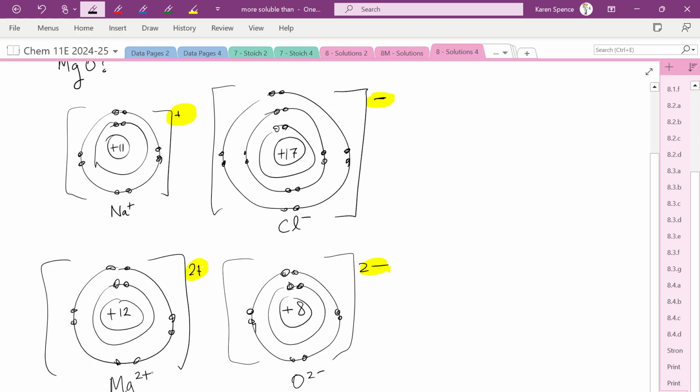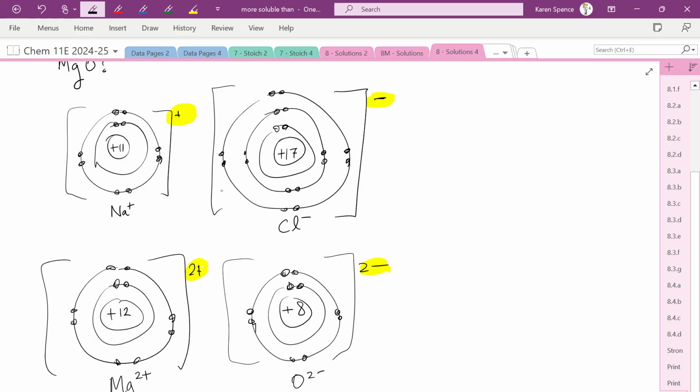What has to happen in order for NaCl or MgO to dissolve? You told me earlier. Yeah? The ion-dipole thing has to take place, but even more simplistic than that, just what has to happen to the sodium and chloride ions? They have to dissociate. Yes? So these guys are going to dissociate, and same thing is going to happen for MgO.